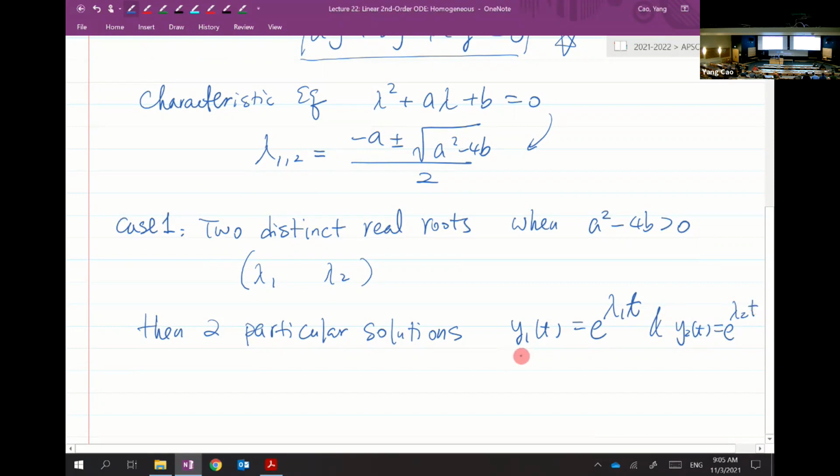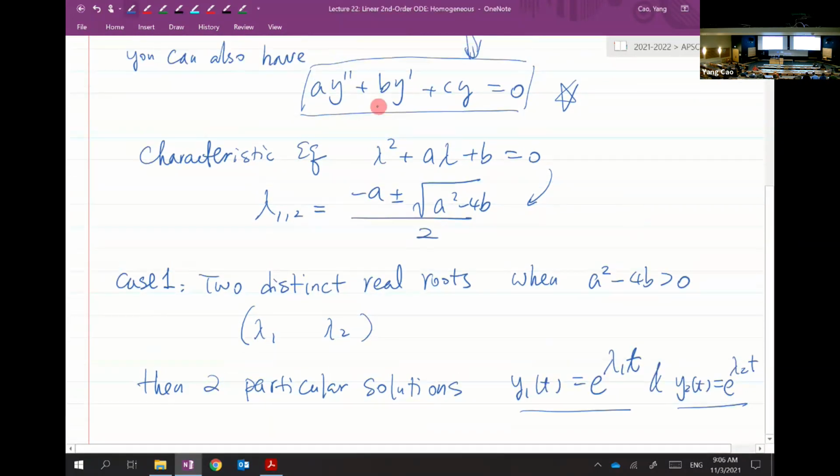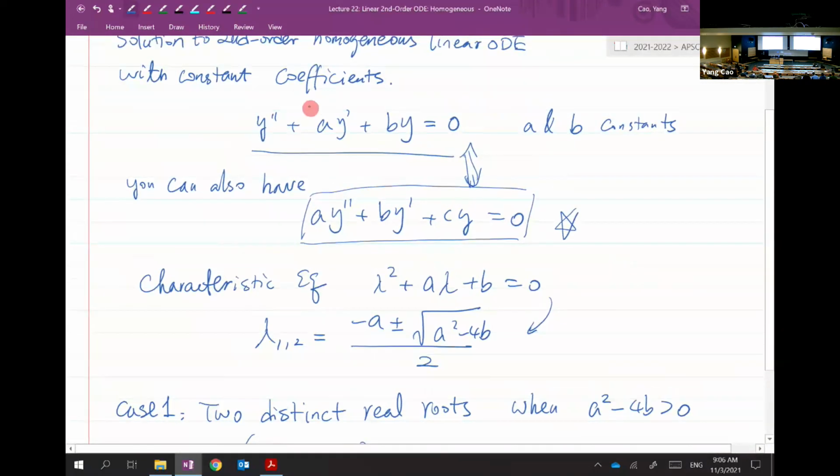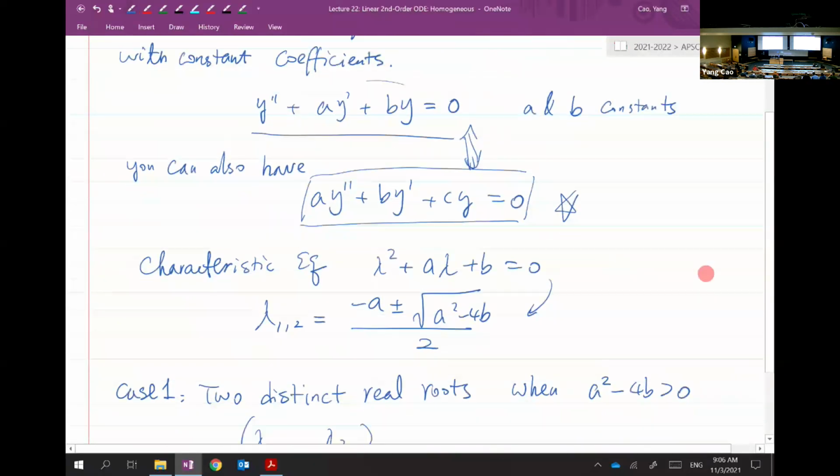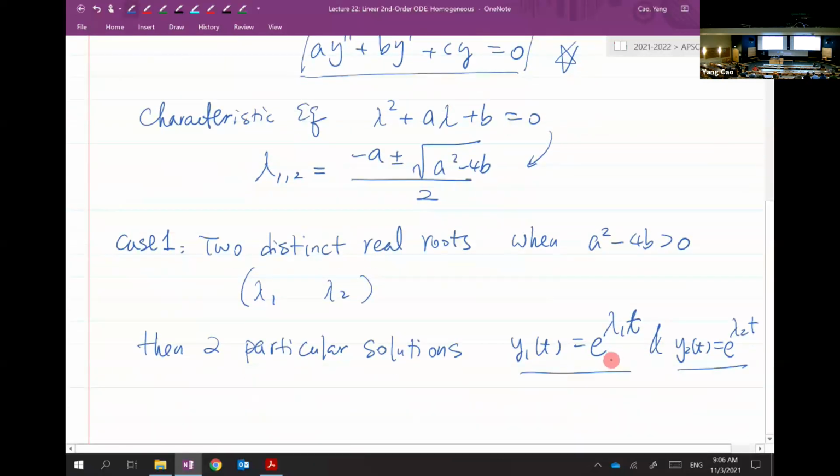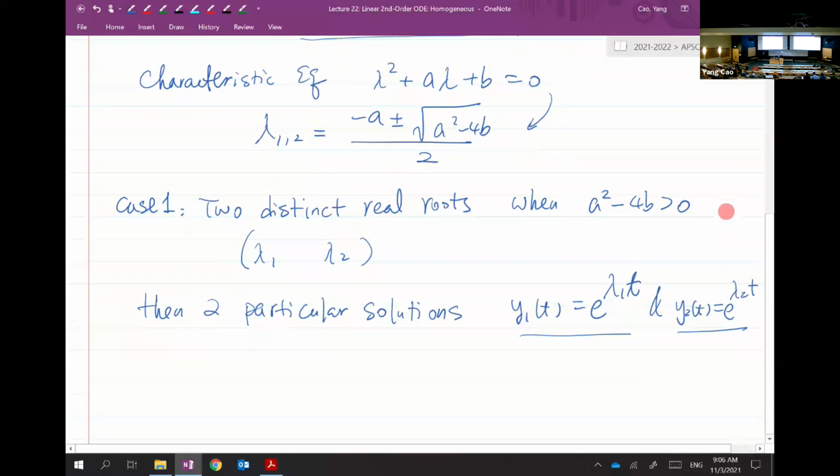So the two solutions for lambda enable you to obtain two particular solutions for the second order differential equation, which is this one here: e to the power lambda 1t and e to the power lambda 2t.